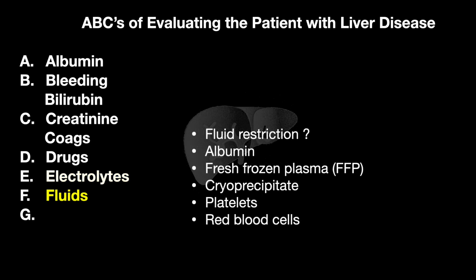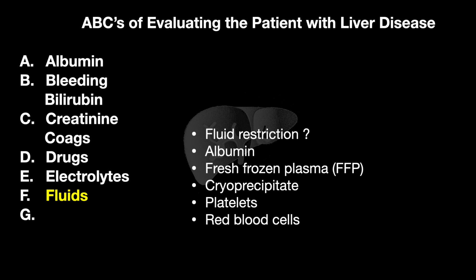F is for fluids. Many cirrhotic patients should be managed with fluid restrictions. Others, such as patients with hypoalbuminemia or hyponatremia, may require albumin or administration of fresh frozen plasma, FFP. Untreated low plasma oncotic pressure may aggravate ascites and edema, including pulmonary edema.